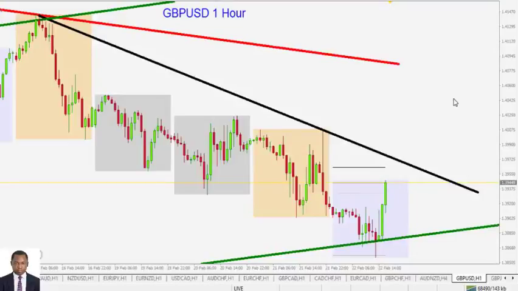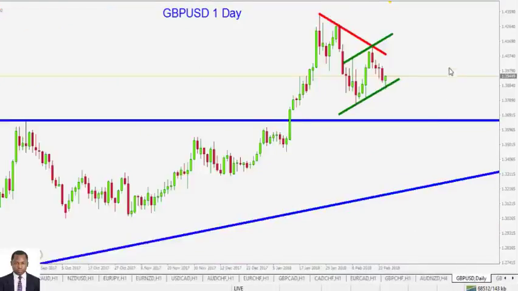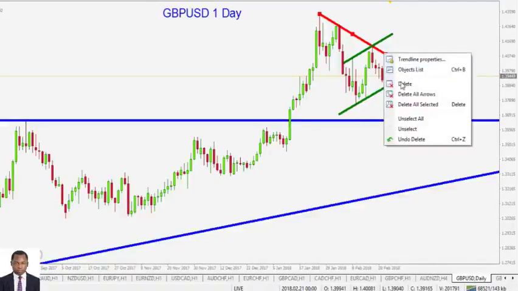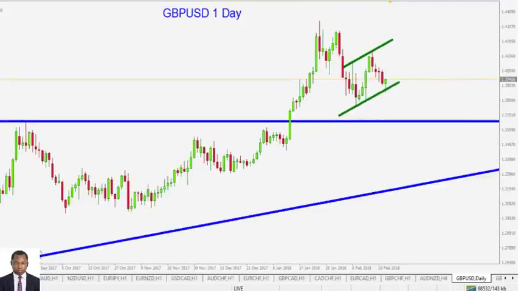Sterling pounds against the American dollar. I think this is the one that I did analyze and share in the live chat window, where in the daily time frame I was looking at this possible channel formation, and price seems to be respecting that level.